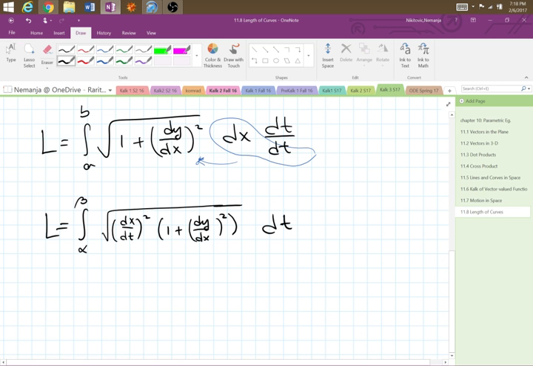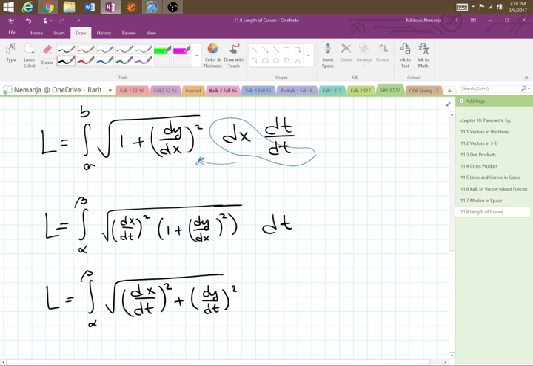Now, I say clearly, dx/dt squared times 1 is going to be dx/dt squared plus, and now dx squared and dx squared cancel, and you are left with dy/dt squared, all dt.